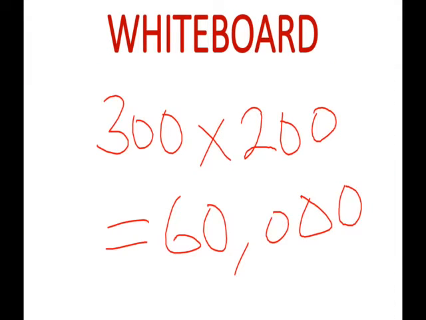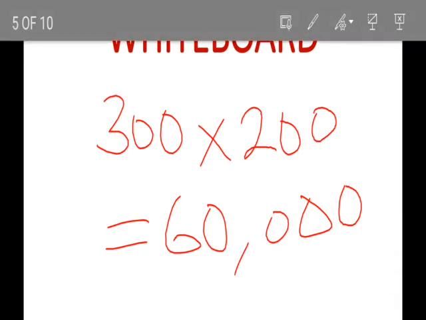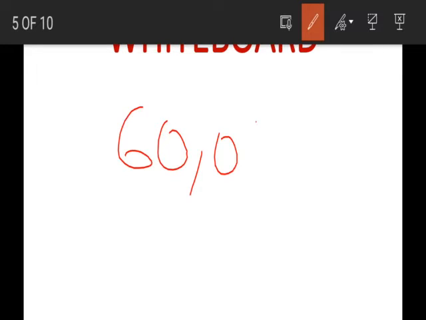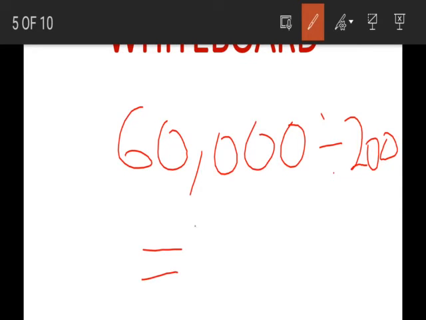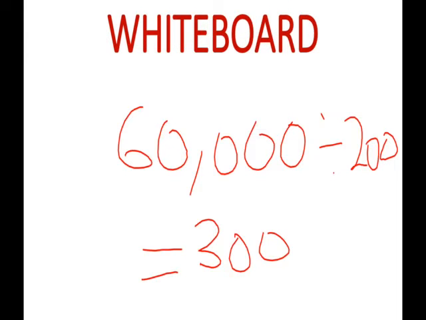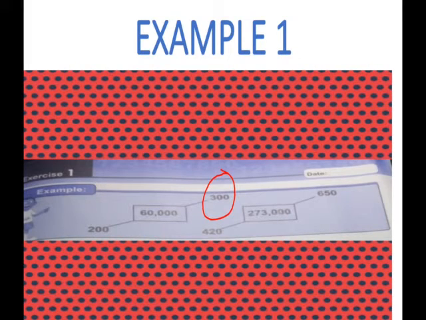What you simply do is 60,000 divided by 200 will give you your 300. As simple as that. So, if 300 was not given, you do 60,000 divided by 200.